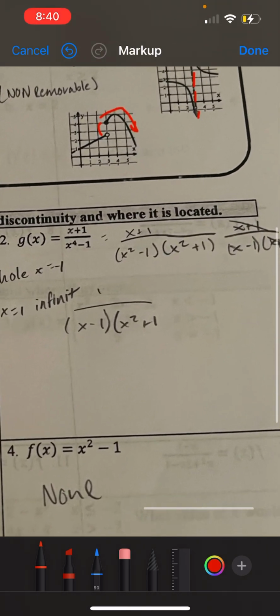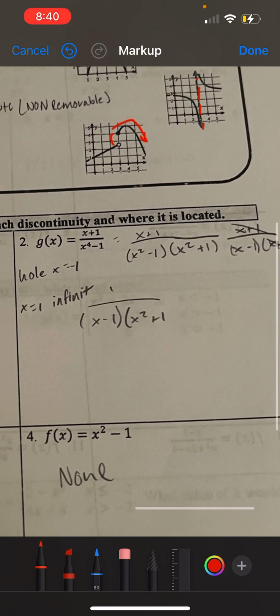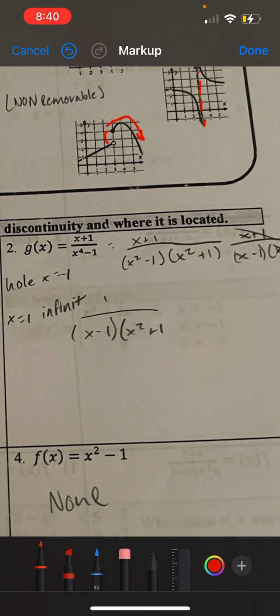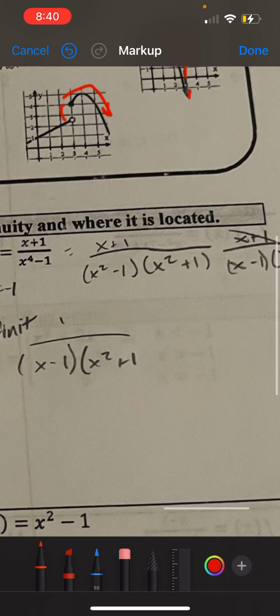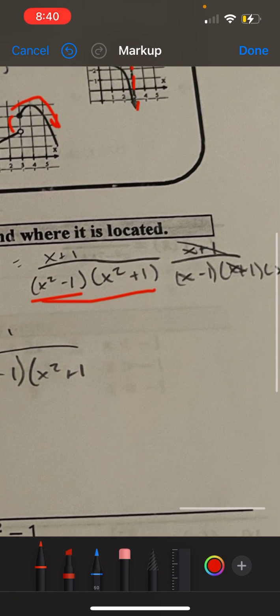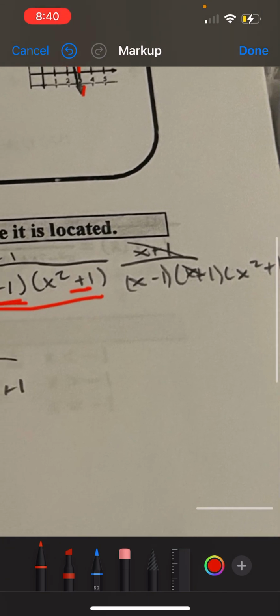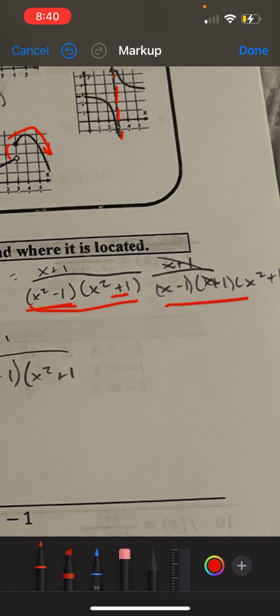And then number 2, this one also has a hole and infinite, right? So first what we do here is we factor it. So this factors into this, right? But this cannot be factored again, and this one can't because of the plus sign, so it can't factor anymore, but this one can, to a plus minus, so it factors into this.